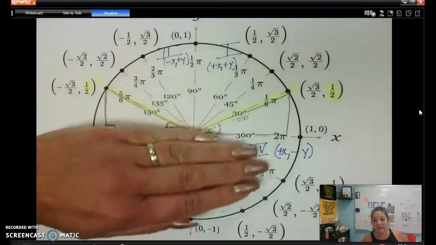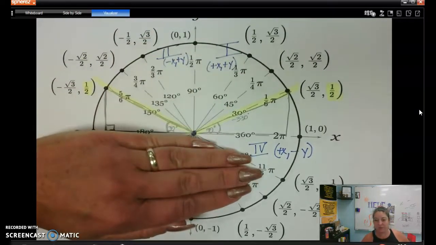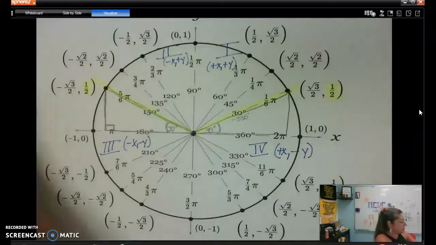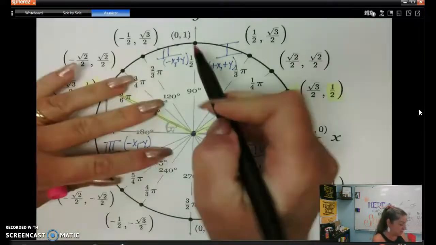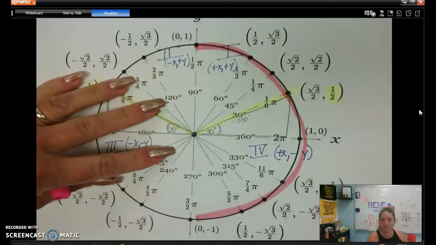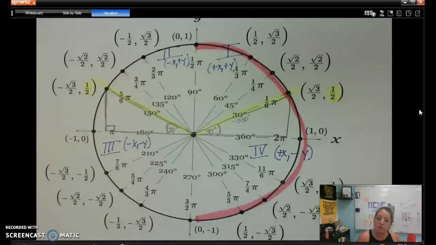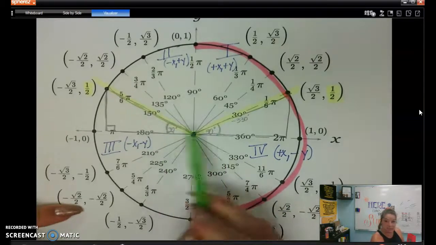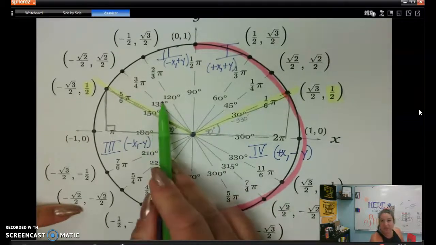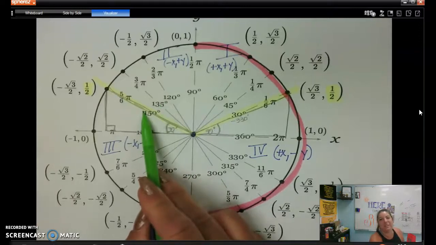If you're in a negative y value, just look at quadrant number 4. That way, you only have to focus on this half of the circle, okay? Again, the 1/2, this 30 degrees is going to be the same over there in quadrant number 2, so we don't have to give that answer.